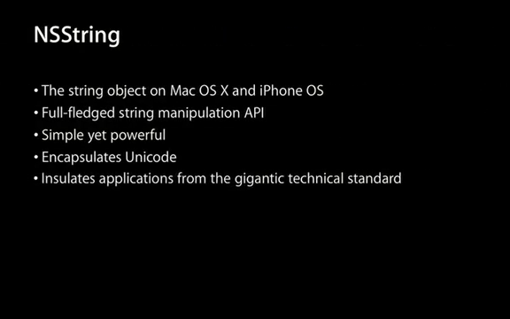But our design goal for NSString is to insulate your applications from the gory details of this gigantic standard. So by following a few simple rules I'm going to be discussing, your application should let NSString do its own magic.